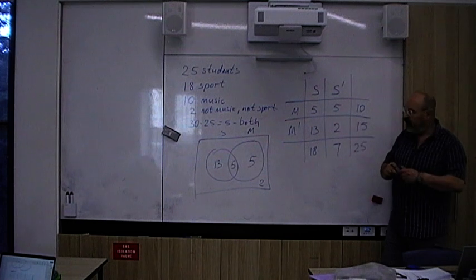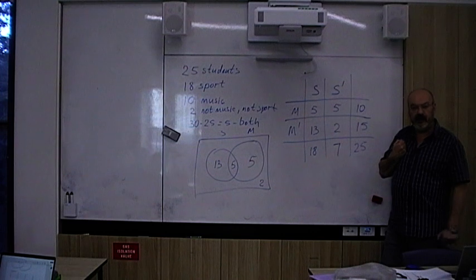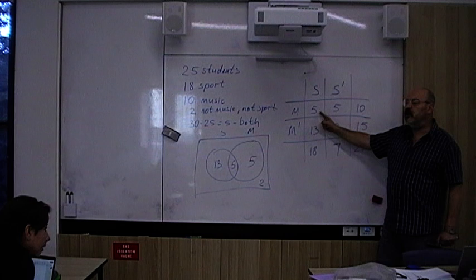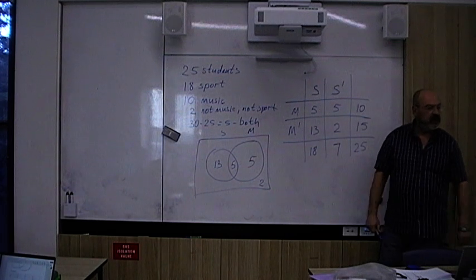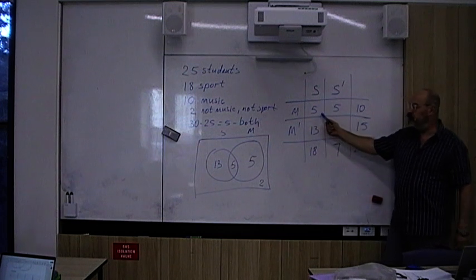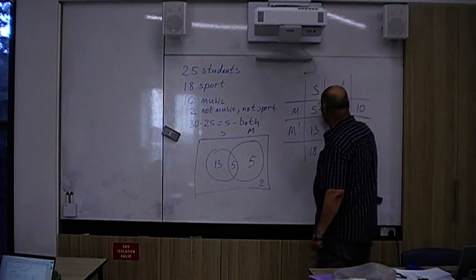Now, these are numbers, but we also can calculate probabilities associated with them. If you randomly choose one student from the class, what will be the probability that student is doing both music and sport? 5 out of 25 will be 1/5.